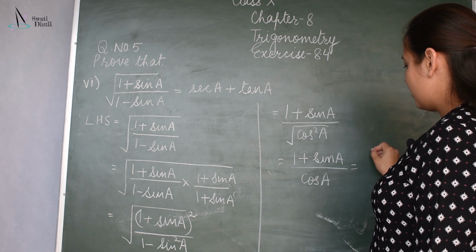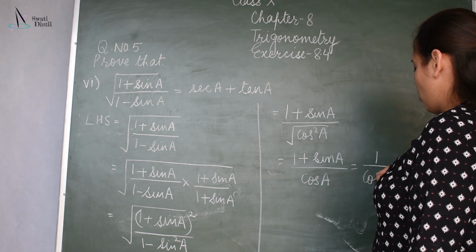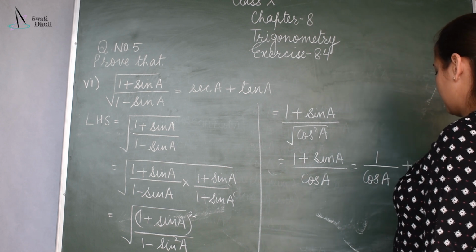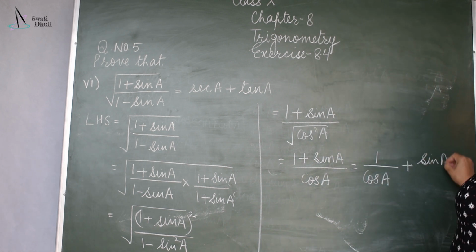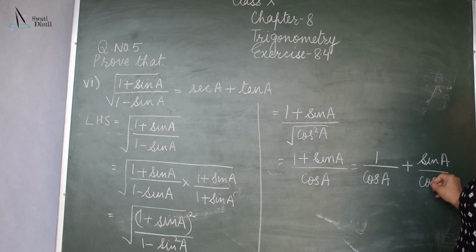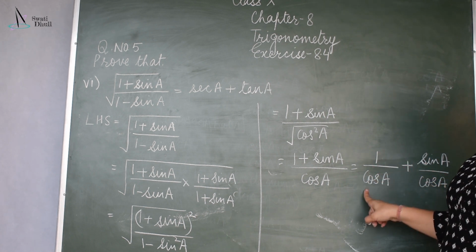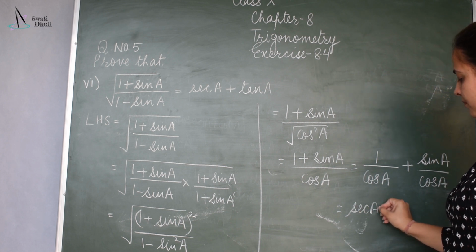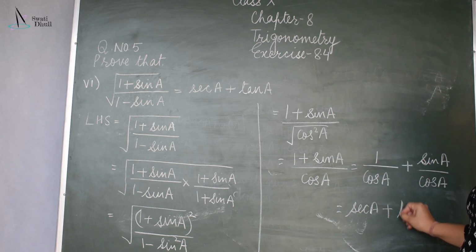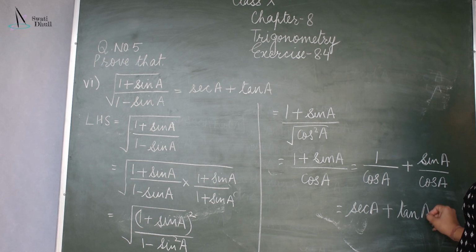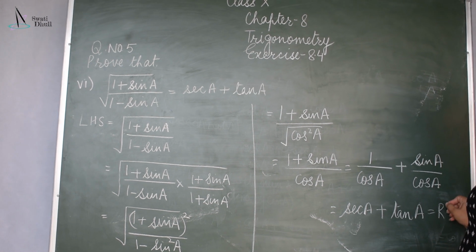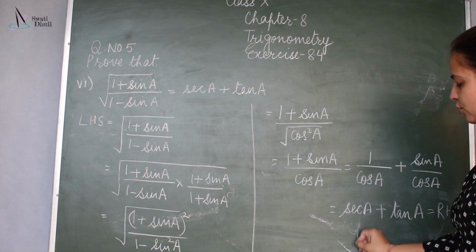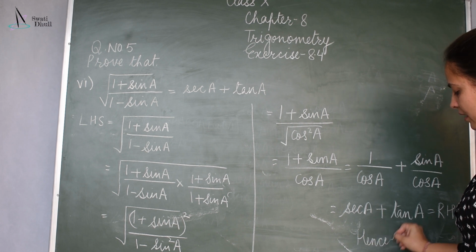So I can write this as 1 upon cos A plus sin A by cos A, and I know 1 by cos A is secant A, plus sin A upon cos A is tan A. This is equal to the right hand side. So hence proved.